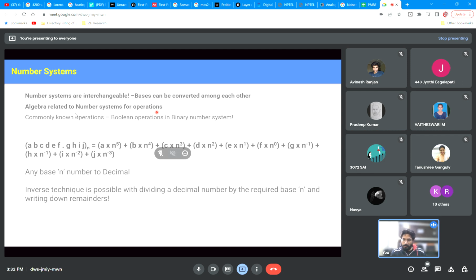And again, as I asked earlier, can we use new number systems? Yes, we can, but the algebra for that has to be known. By algebra, I mean you should know that the addition, subtraction, or different operations you do on this number system result in a number that is still in the same system. So you need to know these operations very properly to perform them correctly.